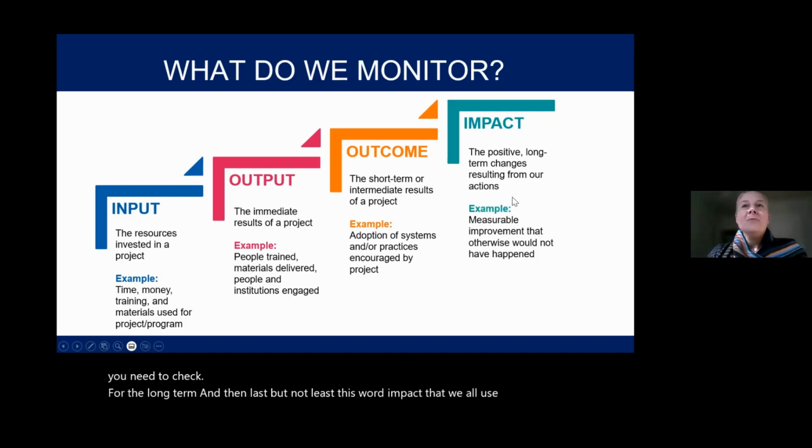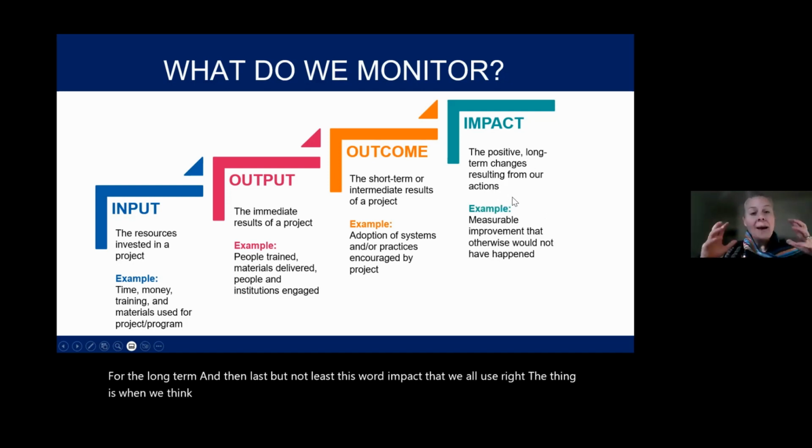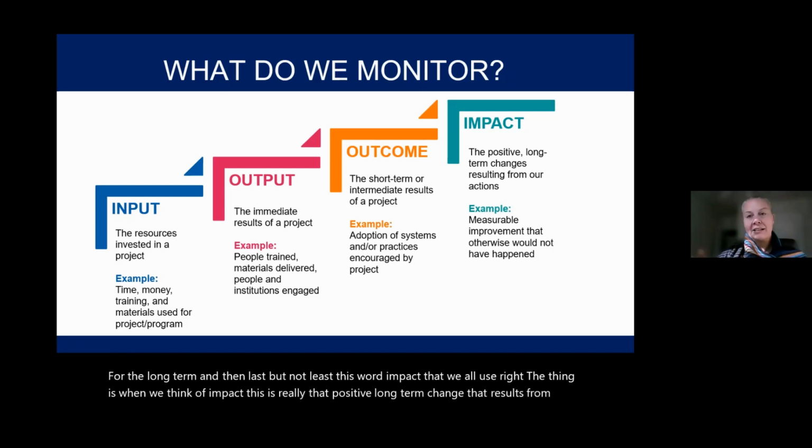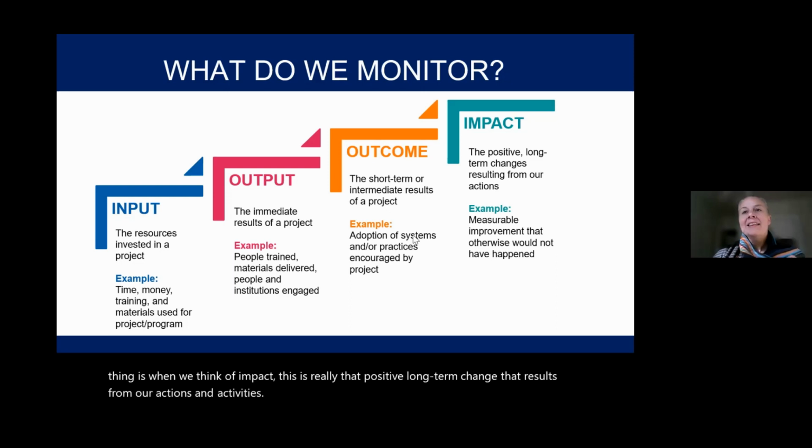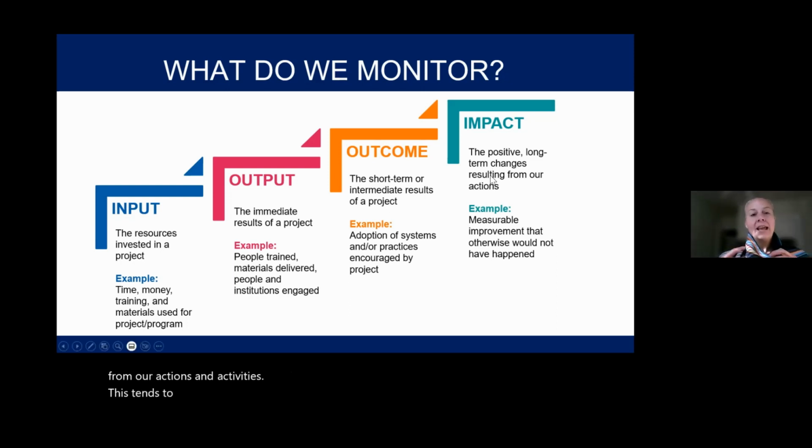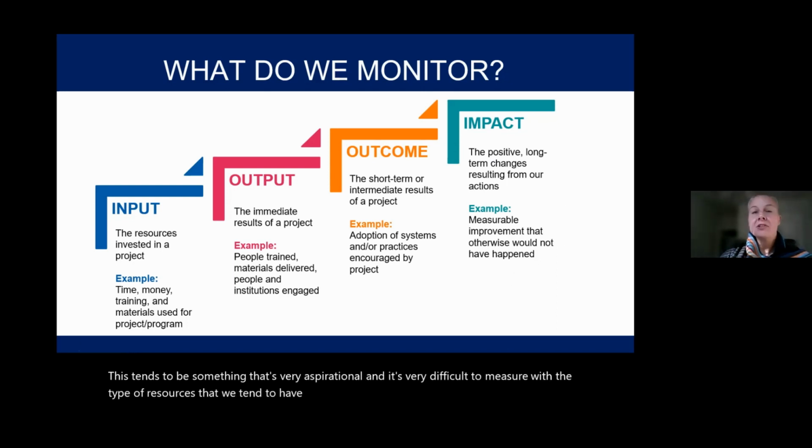When we think of impact, this is really that positive long-term change that results from our actions and activities. This tends to be something that's very aspirational, and it's very difficult to measure with the type of resources that we tend to have within our Rotary projects.